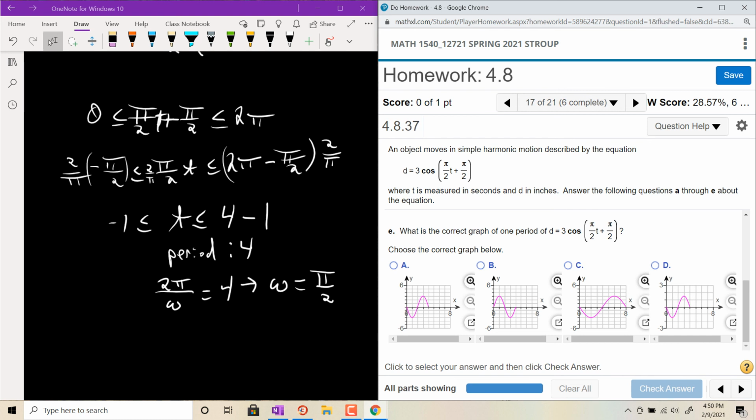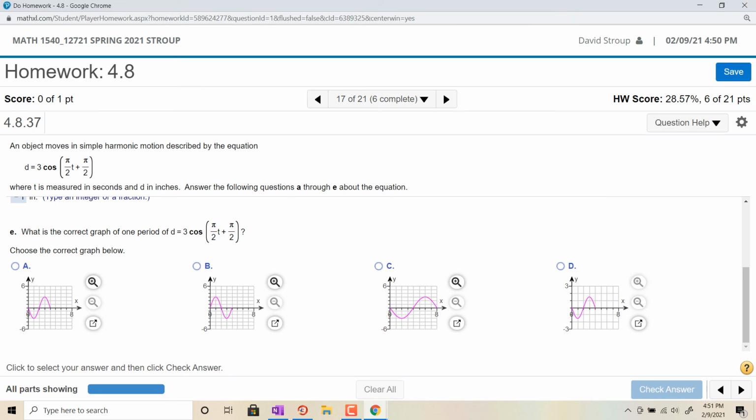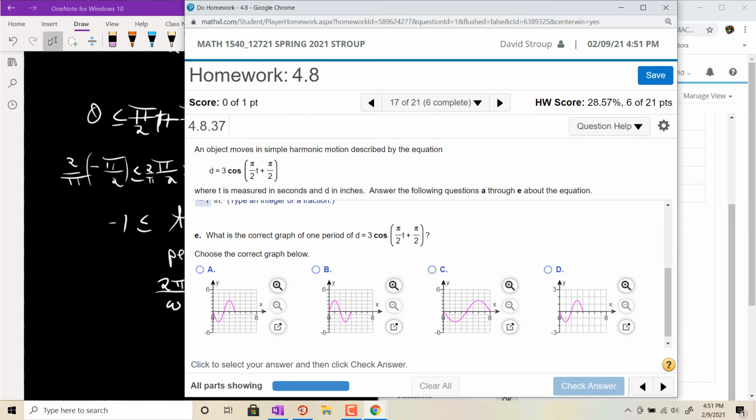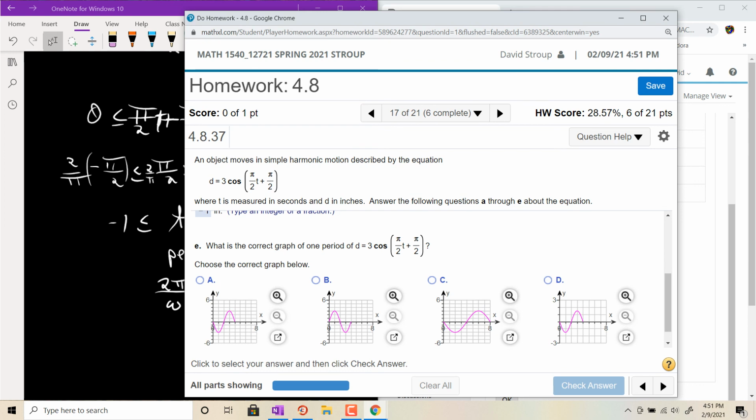All these are upside down, so these are all like negatives. Is there another one? Oh, because it's phase shifted. Okay. So it should start at negative 1, sorry.